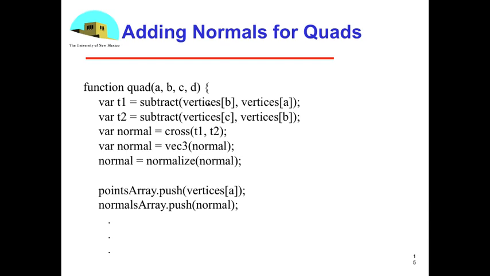So I subtract b minus a to get a vec, and it doesn't matter whether it's a vec3 or vec4. We've taken care of that. Then c minus b will give us another vector, or c minus a if you want. And then take the cross product of the 2. Now I have to normalize that. If these are vec4s, the subtraction gives me a vec4.